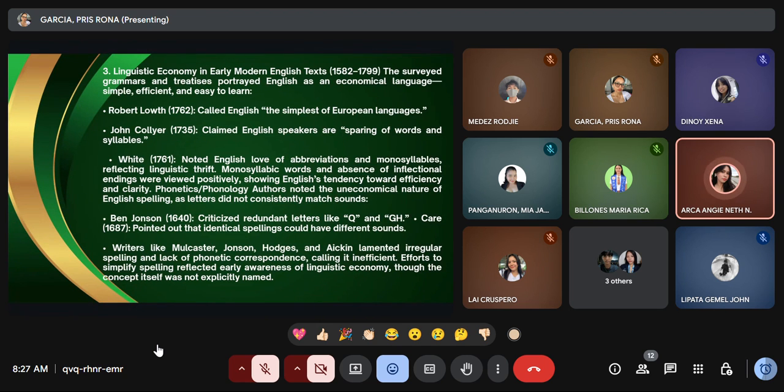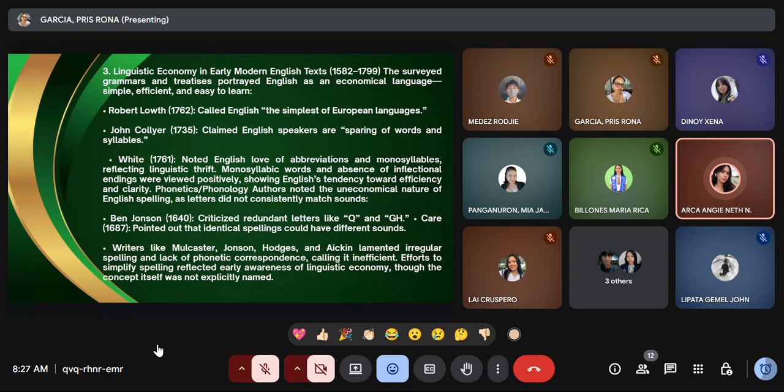And the last example we have here is White in 1761. He noticed that English people love using abbreviations and monosyllabic words. Those words are one syllable, like cat, run, and of course home. So this example shows that English was admired for being practical and direct.